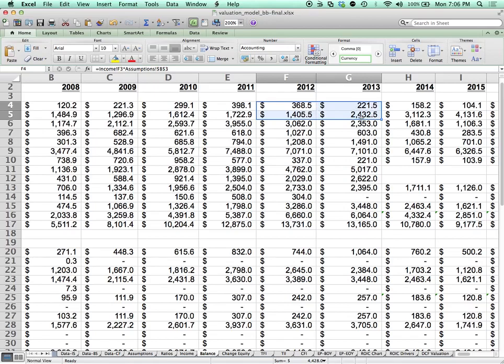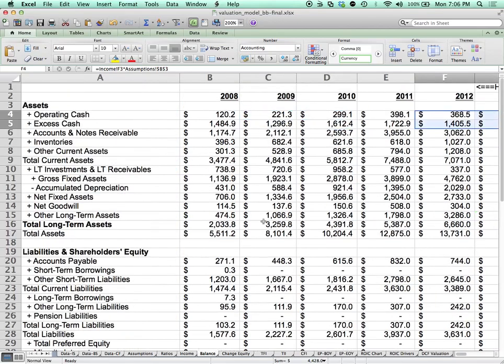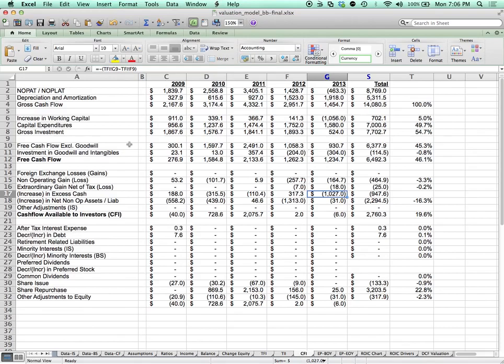But that's a misnomer. If we look at their CFI, we can see a little bit more of what's happening in their firm. Their free cash flow in 2013 was positive. But the reason it was positive is because they slashed their investment, which had been averaging about $1.9 billion a year, to $500 million.